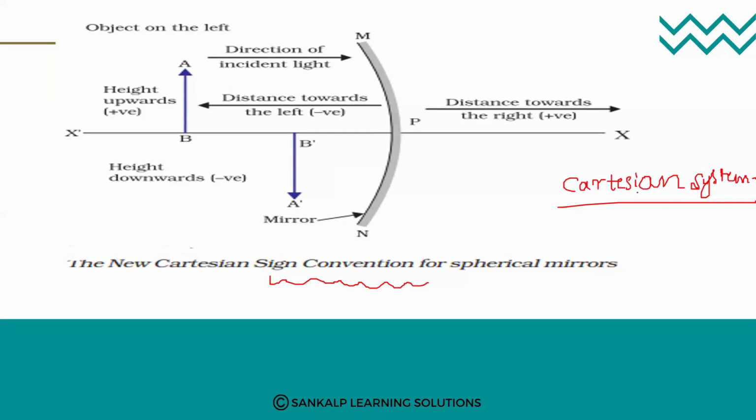So Cartesian system means what? It is the XY plane only. XY plane means the x-axis is there and the y-axis is there. So this is x-axis, X O X dash, and Y O Y dash. Yes or no? So this XY plane we call a Cartesian system. Now this Cartesian system is used for sign conventions in case of spherical mirrors.